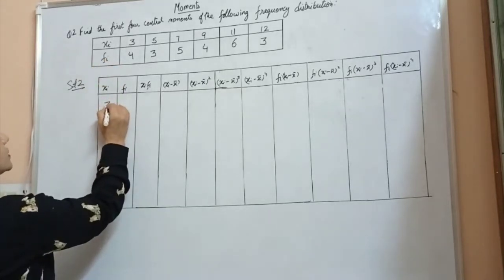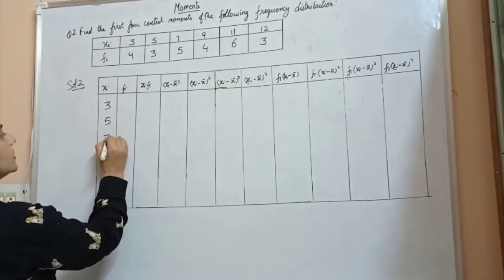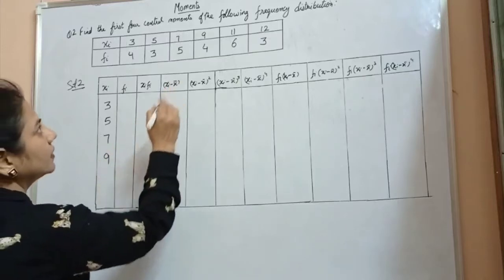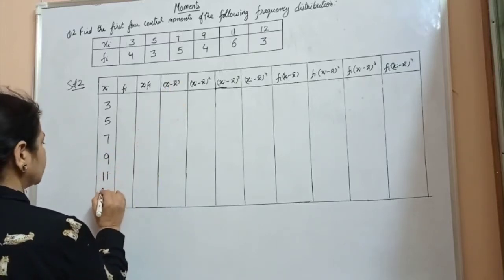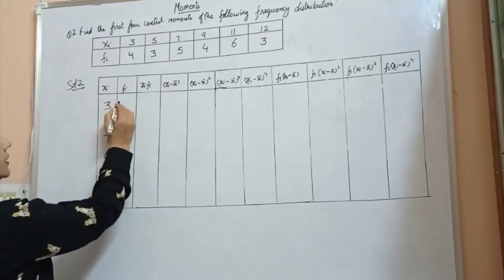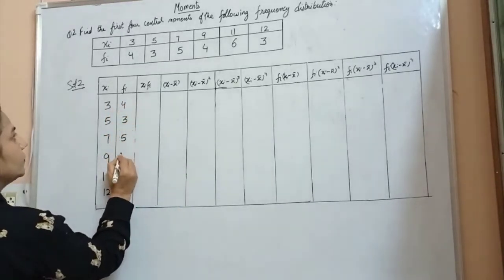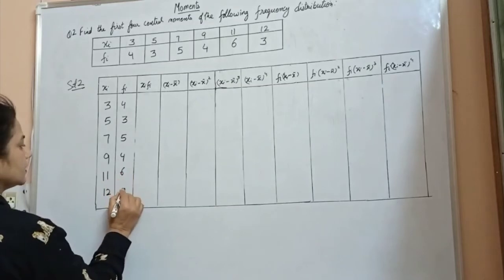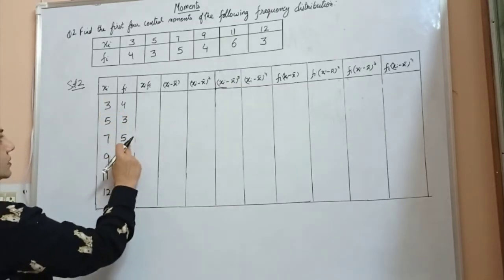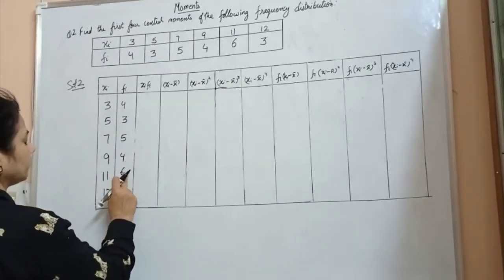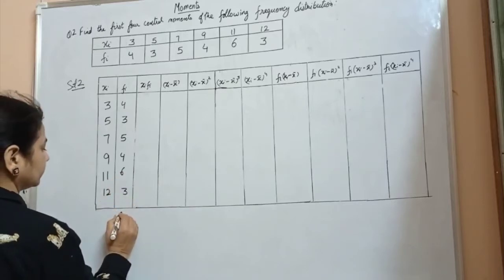Observations are given to us: 3, 5, 7, 9, 11 and 12. And fi is given to us: 4, 3, 5, 4, 6, 3. On adding, 12, 16, 25.